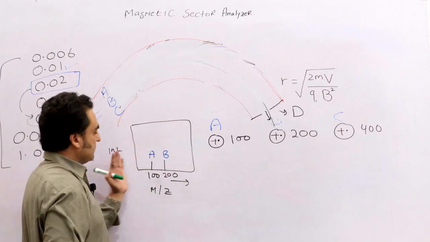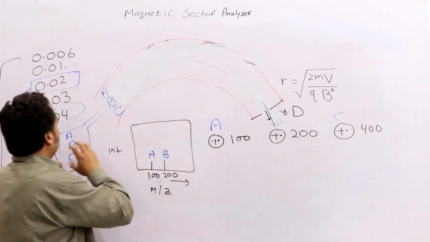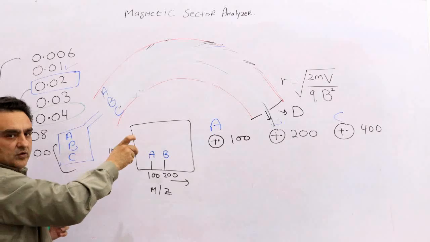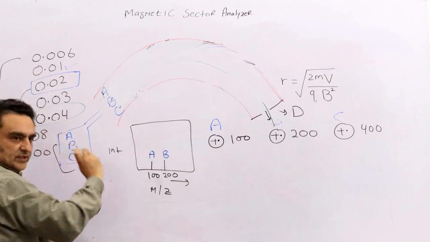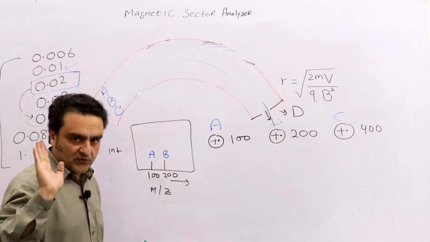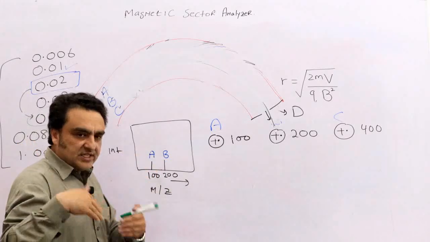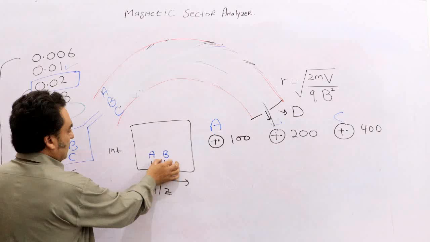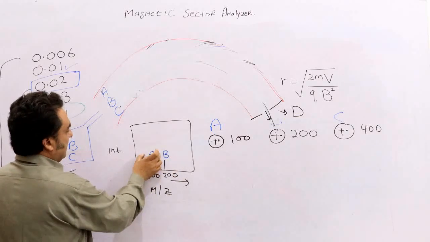So some molecules of A will enter, and if it stays on 0.04 for 3 or 4 seconds, which is very huge, but let's suppose, then some molecules of B went there.